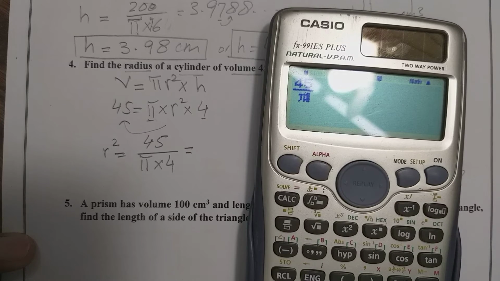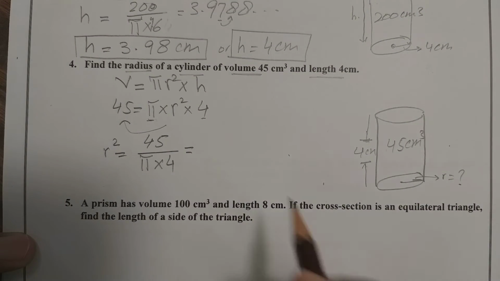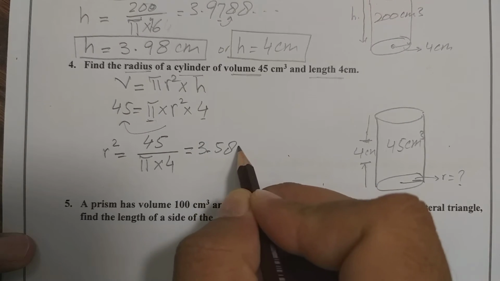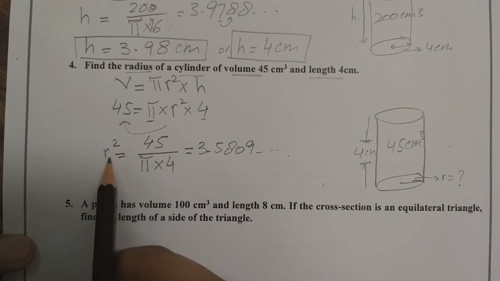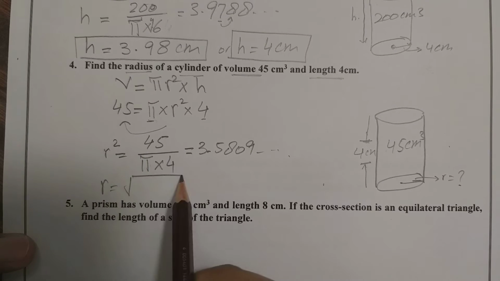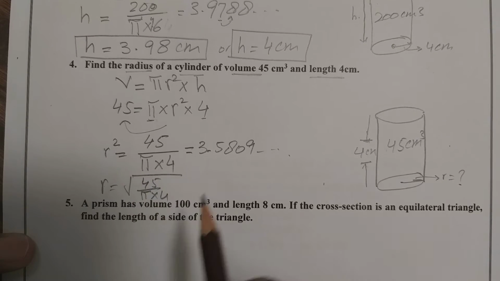Pi times 4, so you will get 3.58098. So it is 3.5809 and so on. Because we need to find the r value, if you take the square root of this value, r equals the square root of 45 over pi times 4.